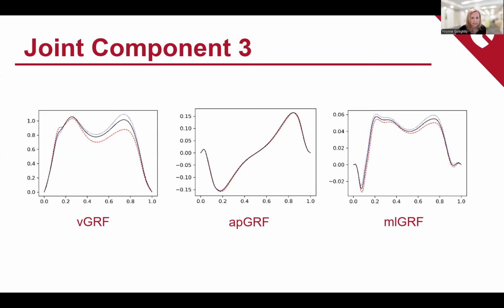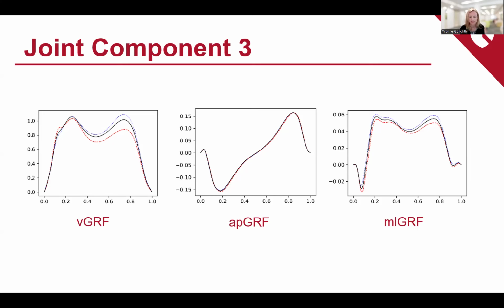We don't really see any differences when we're looking at the AP ground reaction force curves. And then for the medial lateral ground reaction force, what we see is a greater lateral force throughout for those with greater body mass.